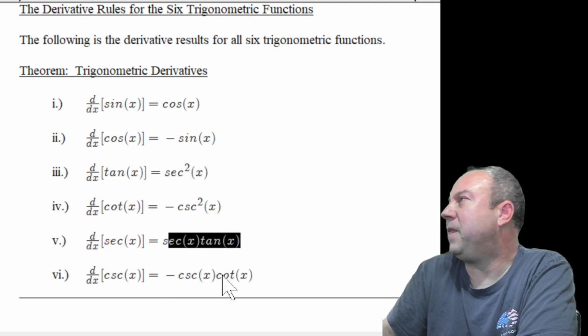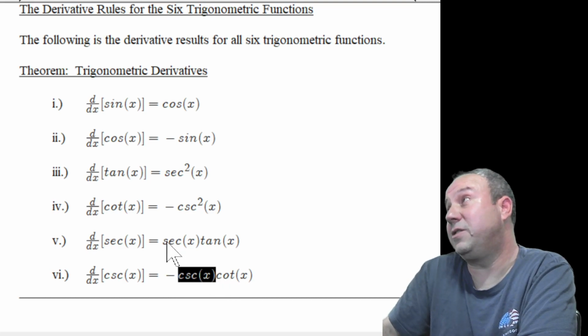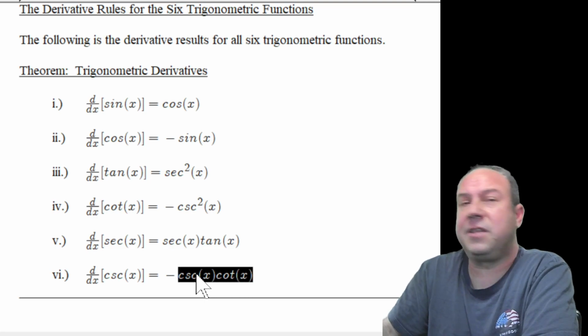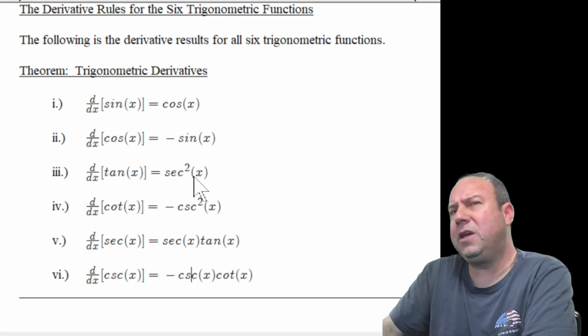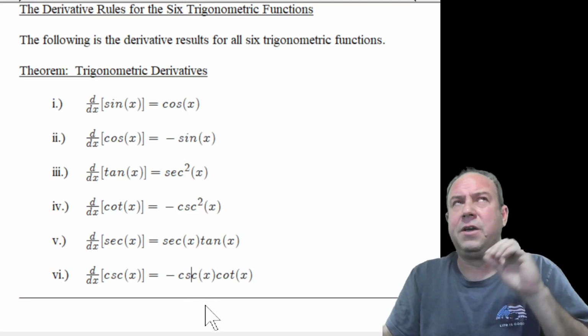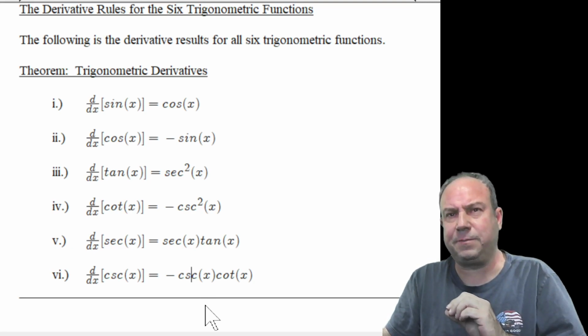Right? The opposite of these functions, which are the cosecant of x and the cotangent of x. Right? We can note that pattern, first of all, in all six of the derivative results for our trigonometric functions.